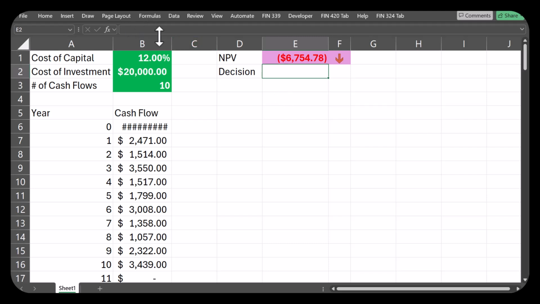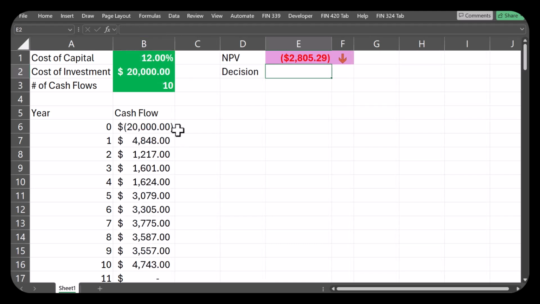Now, let's build in some other stuff. One thing you need to be careful about: if you're using the NPV function directly in Excel, those cash flows need to be consecutive.